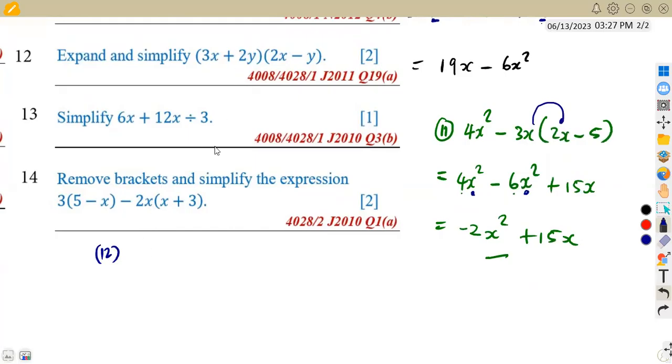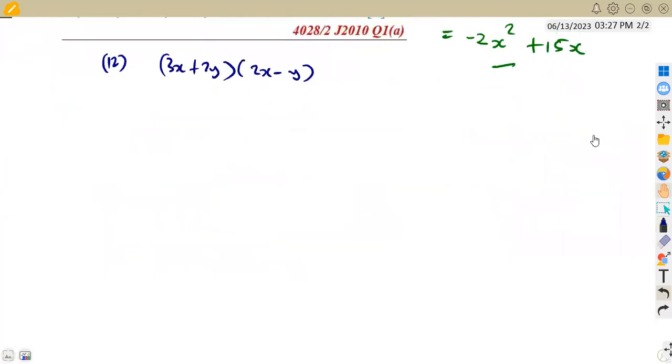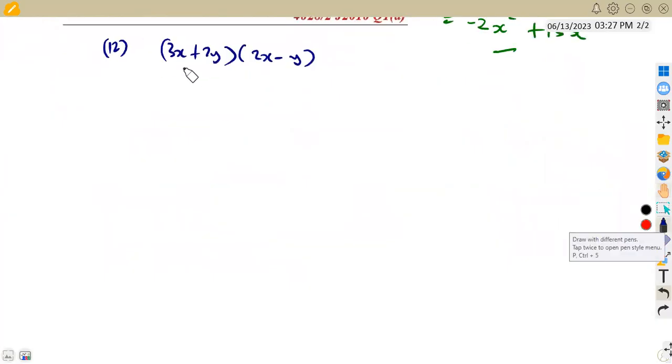If you can just expand, we are given 3x plus 2y in this case, into 2x minus y. So you can have the same approach or technique as in the previous questions. Just expand by 3x, the first part, so 3 times 2 is going to be 6x.